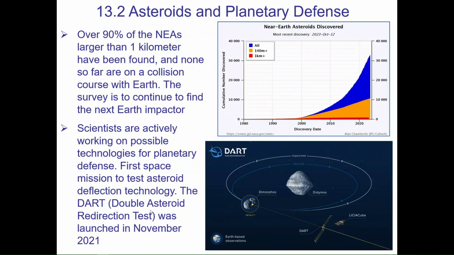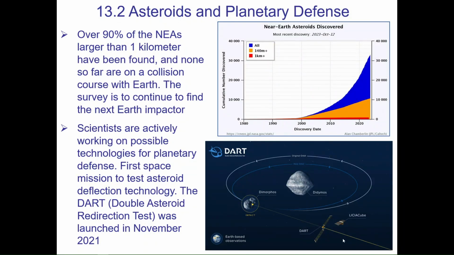We call it the Double Asteroid Redirection Test. The idea of DART is that it will crash a 500-kilogram spacecraft on a small asteroid called Dimorphos. And Dimorphos is actually an asteroid moon orbiting around another, a little bit larger asteroid called Didymos.